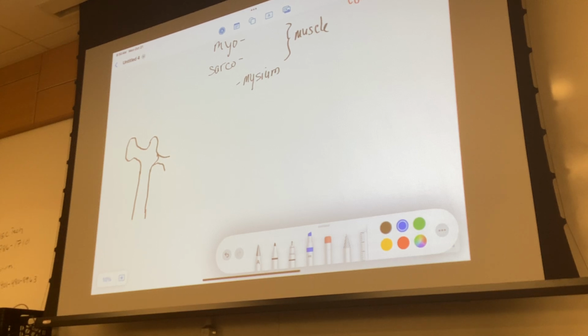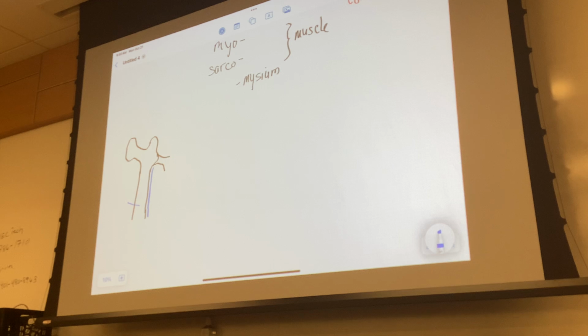I want to just remind you of a couple of things. The main shaft is the diaphysis. This is the proximal epiphysis. And the blue line to the right of the diaphysis is the periosteum.